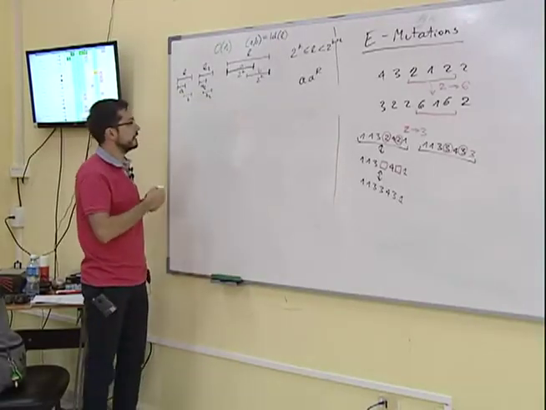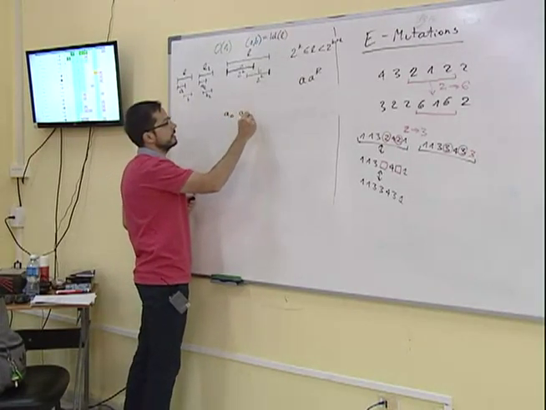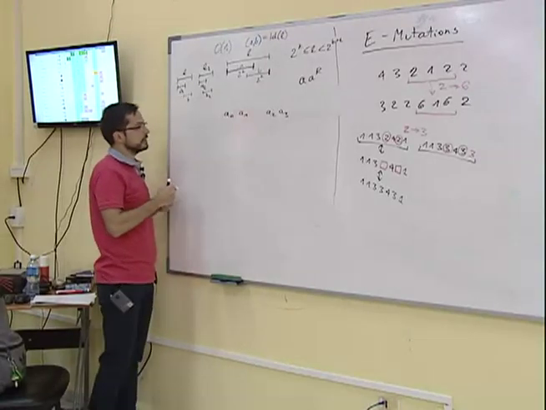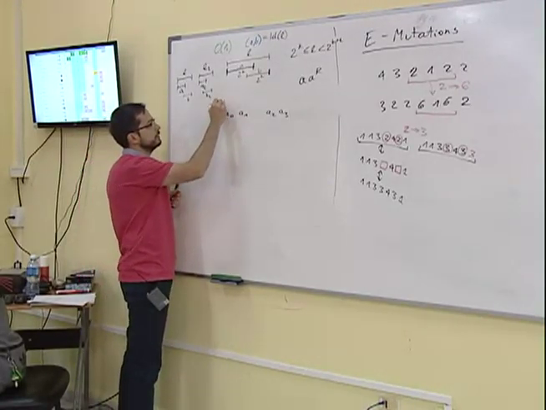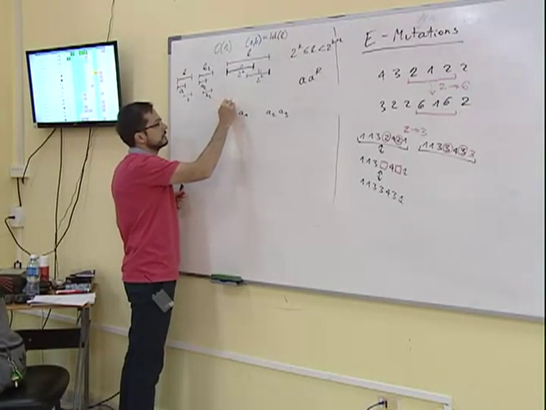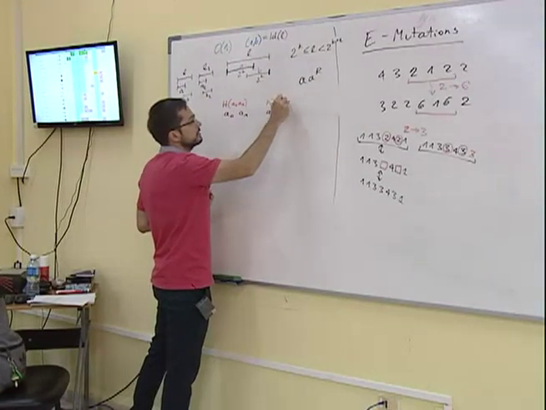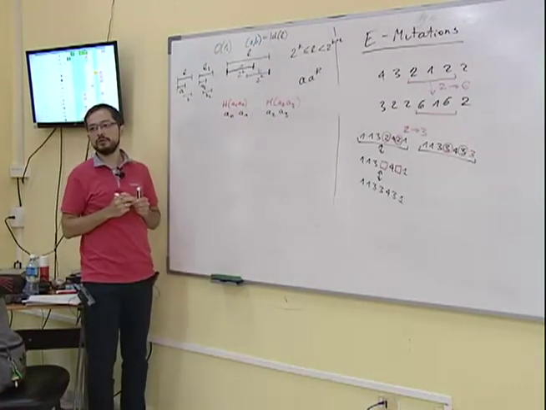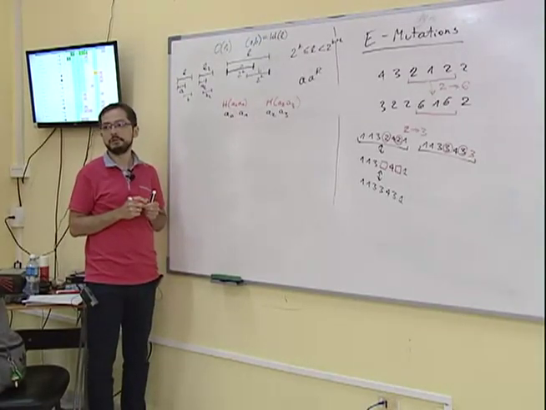So for instance, if you have string a0 and a1 and string a2 and a3, and you have a hash value for this one and a hash value for this one, how can you compute the hash value for the whole string?